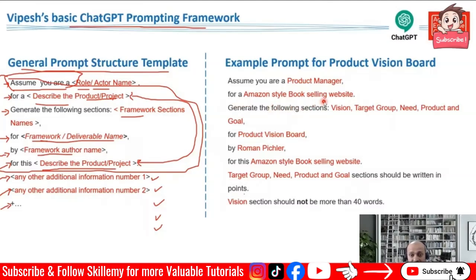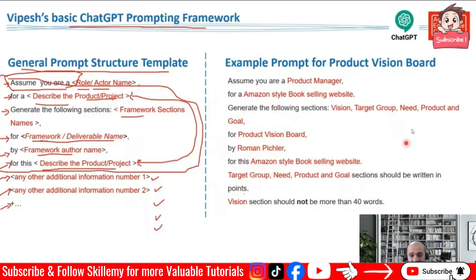We are indirectly asking ChatGPT to play the role of a product manager for an Amazon-style book selling website. And then in the next step, we are asking ChatGPT to generate the vision, target group, need, product, and goal sections for a Product Vision Board, authored by Roman Pichler, for this Amazon book selling website.